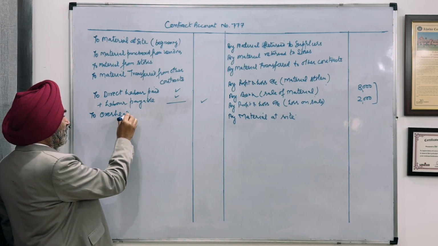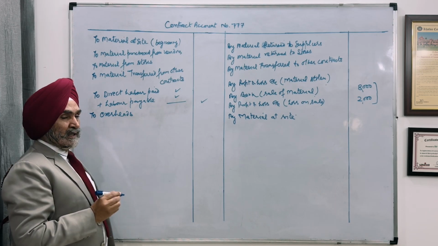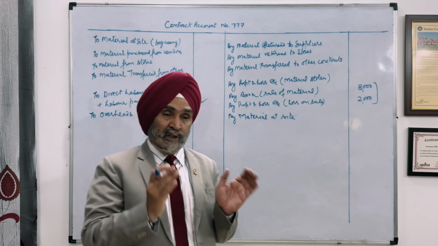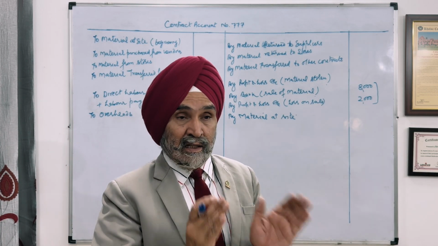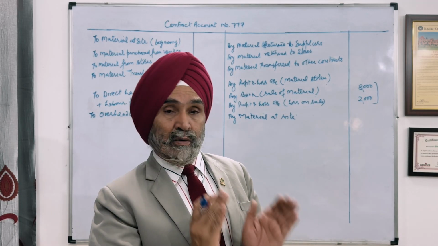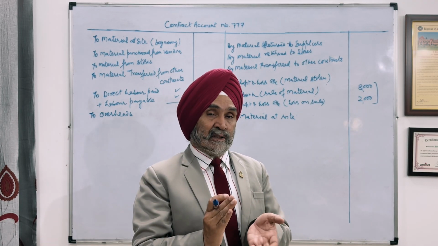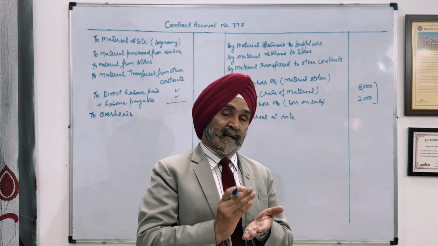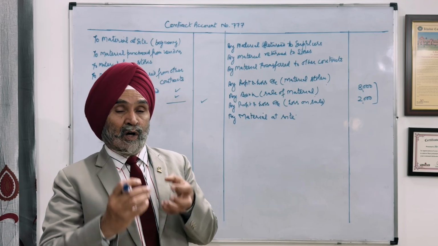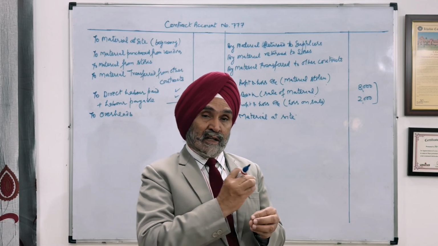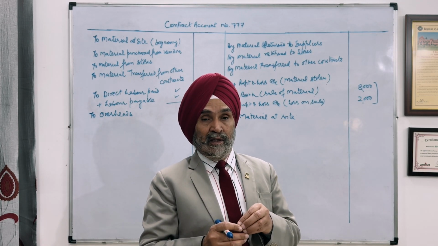Overheads may be the indirect expenses. The majority of the expenses are direct ones, directly related to this particular contract. But some of the expenses may be indirect. Head office cost may be charged a little to this particular contract.